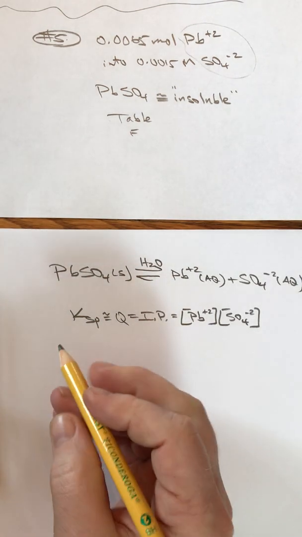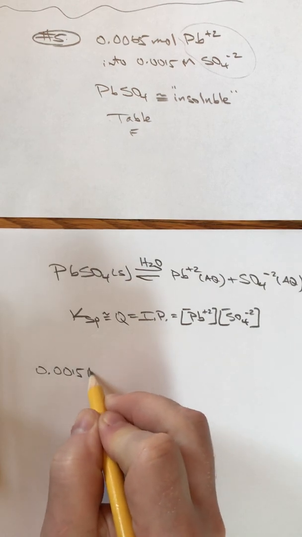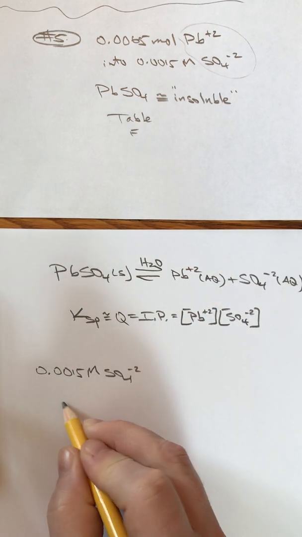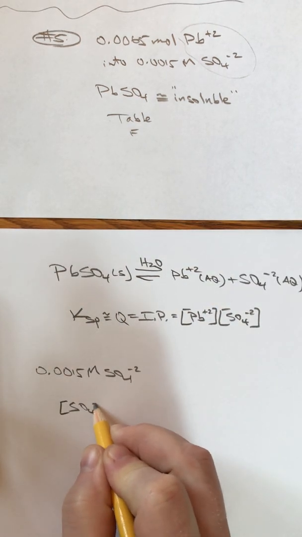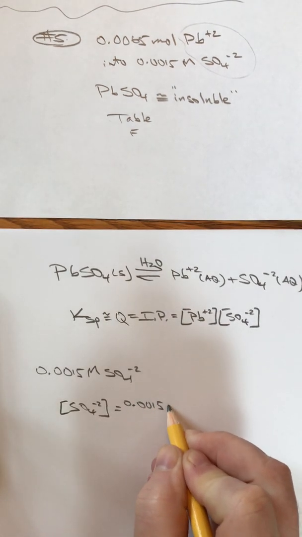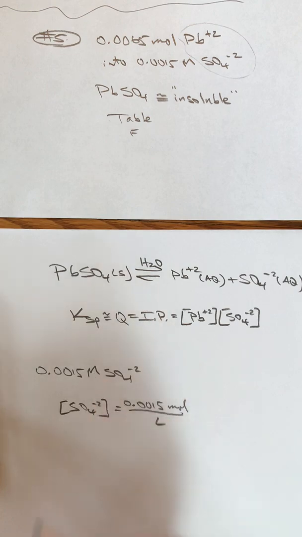So you had 0.0015 molar SO4 negative 2. That's a concentration of sulfate of 0.0015 moles per liter. That's what that means. These brackets mean the same thing.